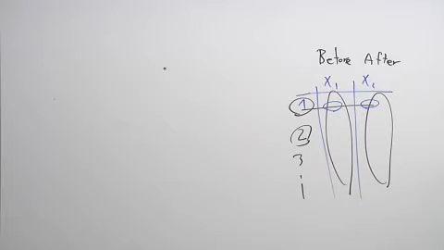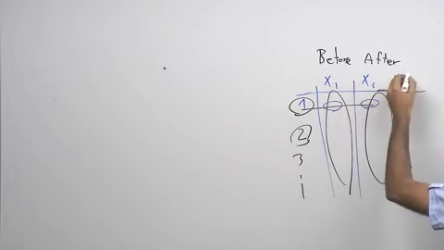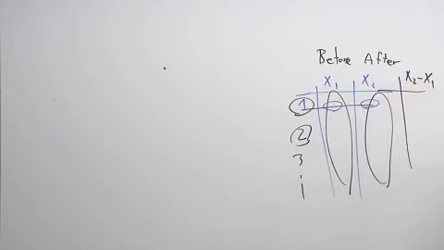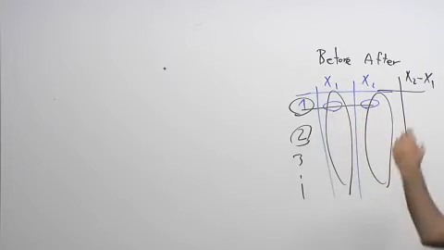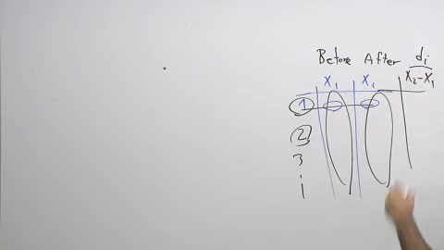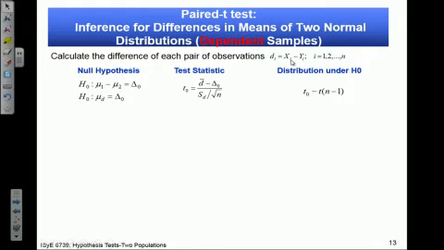So what would be the solution? Very easy. If you subtract, then you get rid of dependency. Okay? That's how it works. So instead of working with 2, you subtract them. You find D, which is the difference between each pair. Then it reduces to what?